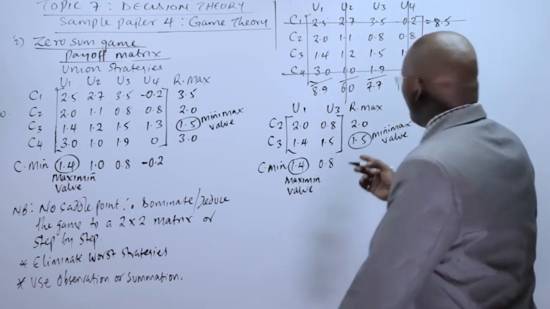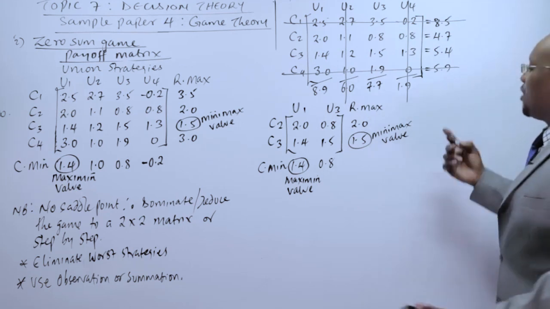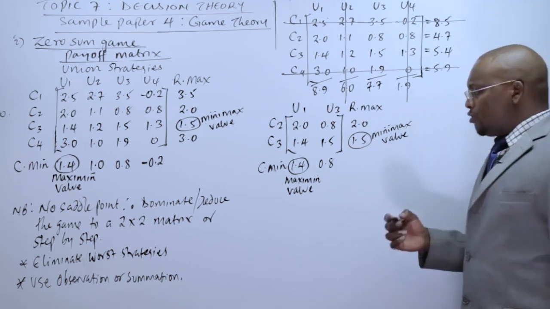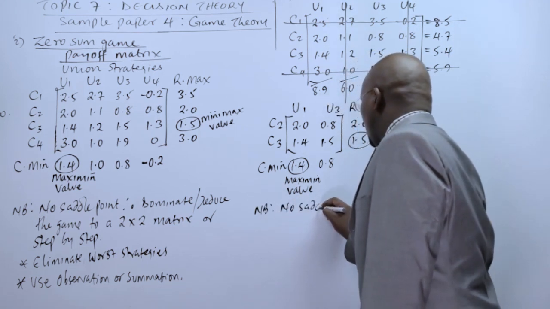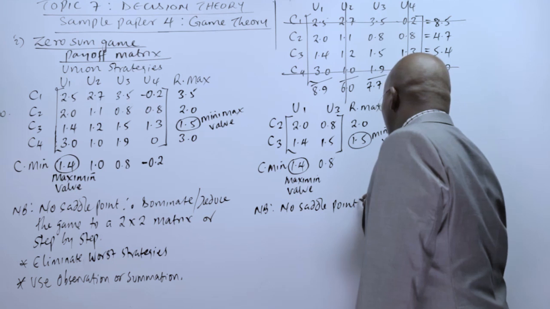Again, being a 2 by 2, there is no saddle point. So what we conclude is that at NB, no saddle point.